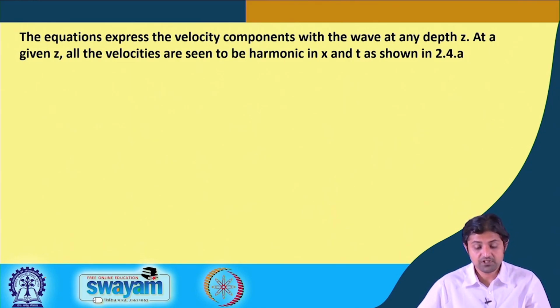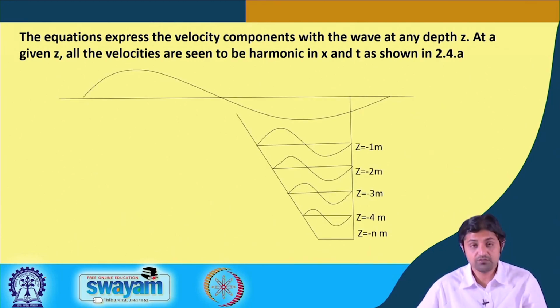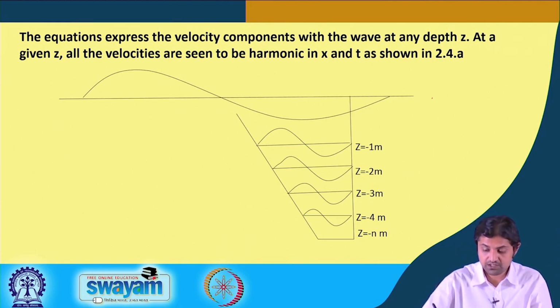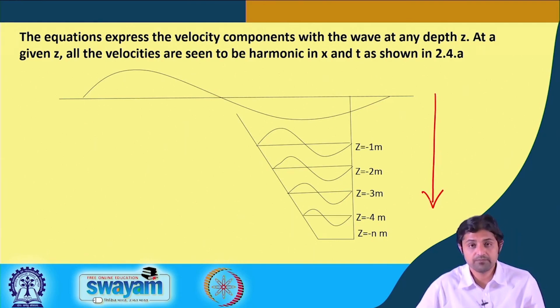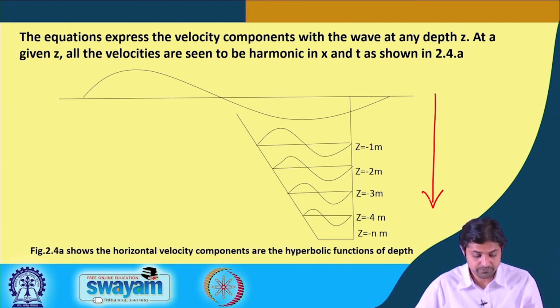So, the equation expresses the velocity components of the wave at any depth z. At a given z, all the velocities are seen to be harmonic in x and t, as shown in the figure. If we plot those velocities, they are harmonic, but with different z we get this variation.